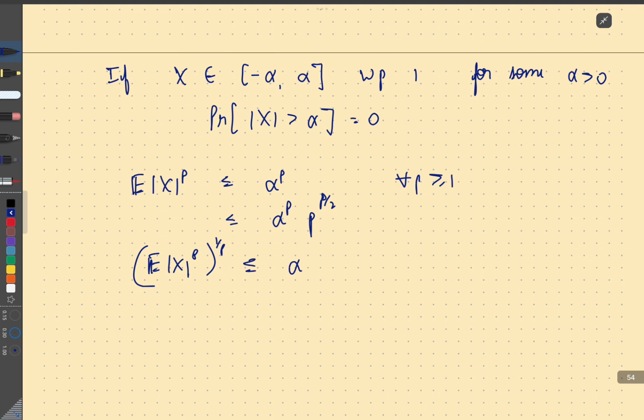So this is less than or equal to alpha times square root of p, which again by the theorem implies that the Subgaussian norm of x is less than or equal to some universal constant times alpha.